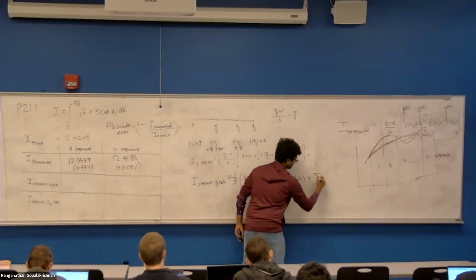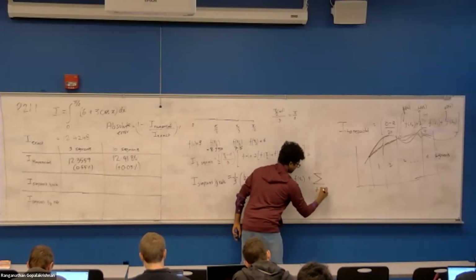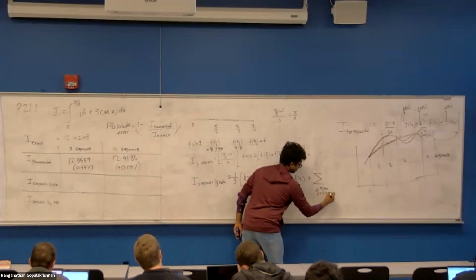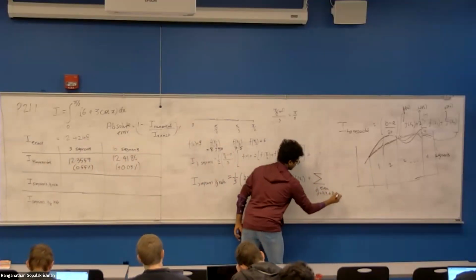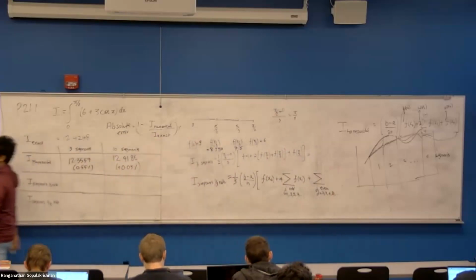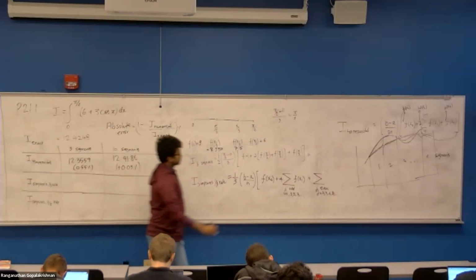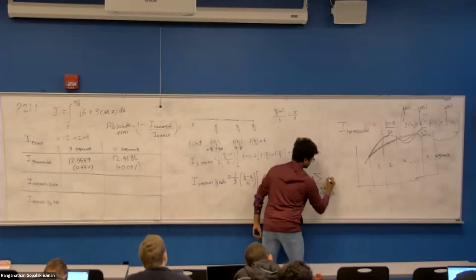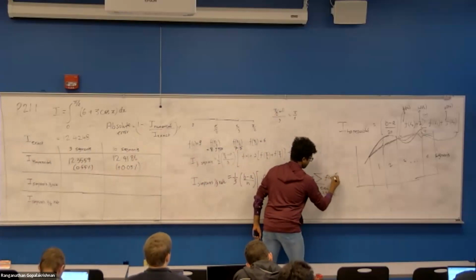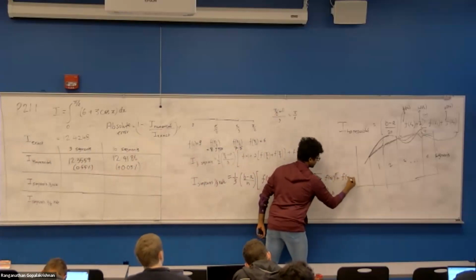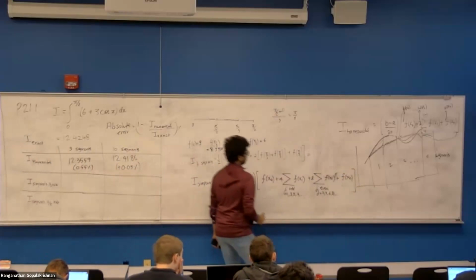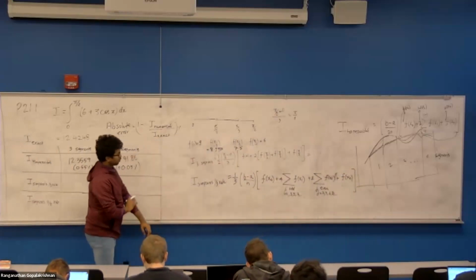And the even points, j even, j equal to 2, 4, 6, 8, and so on, we multiply by 2, plus f of xn. So this is the formula for Simpson's 1/3 rule.